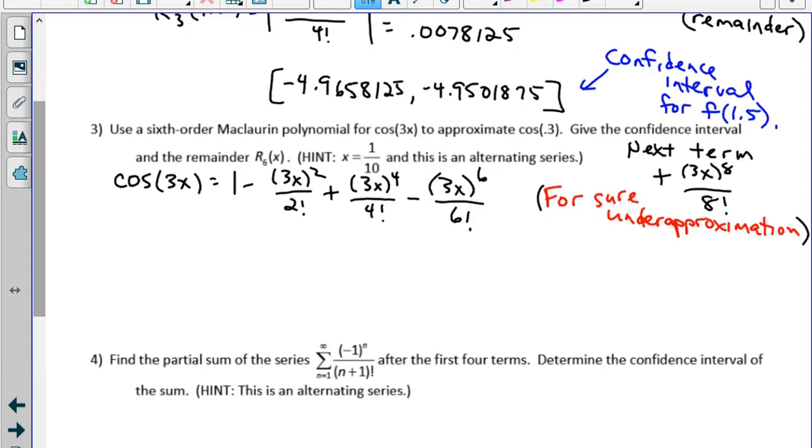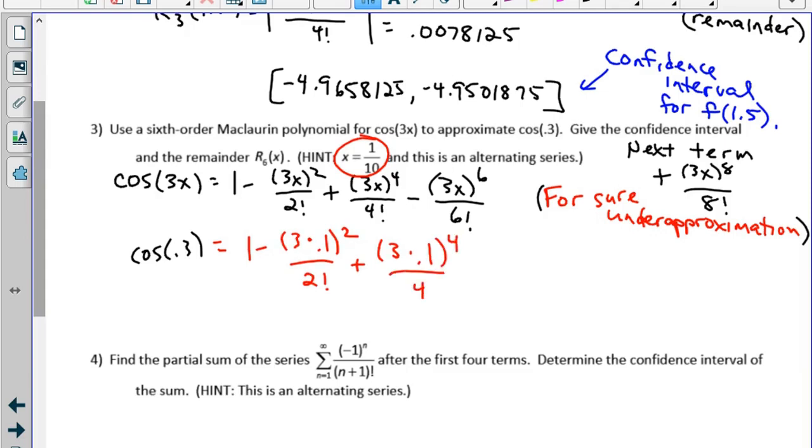So what I'm going to do to approximate cosine of 0.3 is substitute in 0.1, or 1/10, for x, and notice that this is an alternating series. So I have 1 minus (3 times 0.1) squared over 2 factorial plus (3 times 0.1) to the fourth over 4 factorial minus (3 times 0.1) to the sixth over 6 factorial.